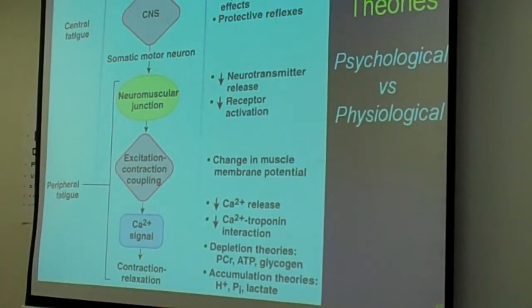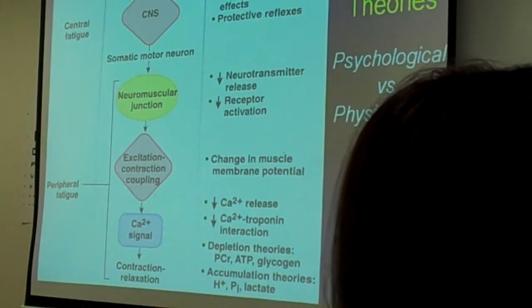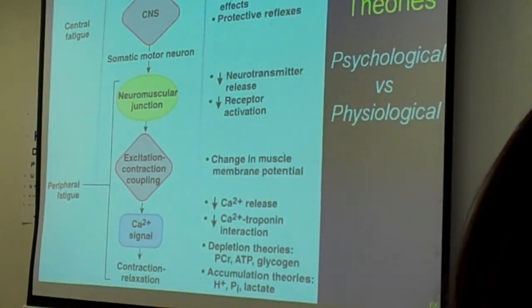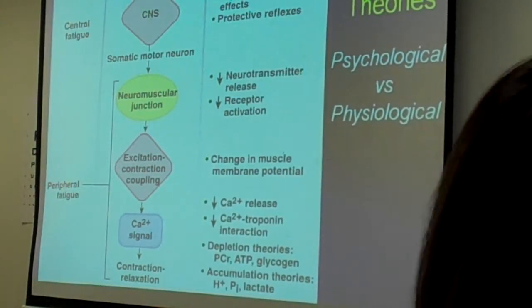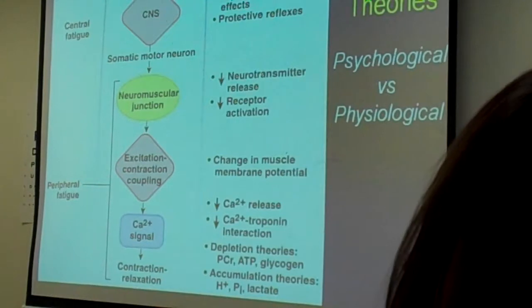It could be that the axon terminal can't keep up and can't resynthesize acetylcholine fast enough. So that would be neuromuscular junction fatigue, depletion of ACH stores and release.